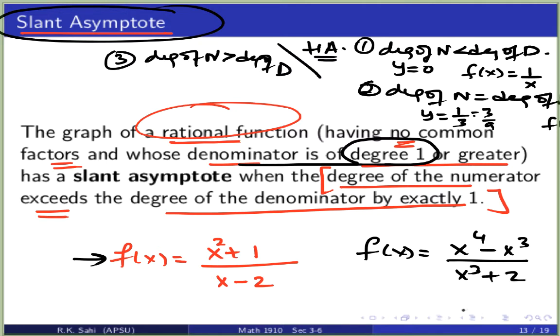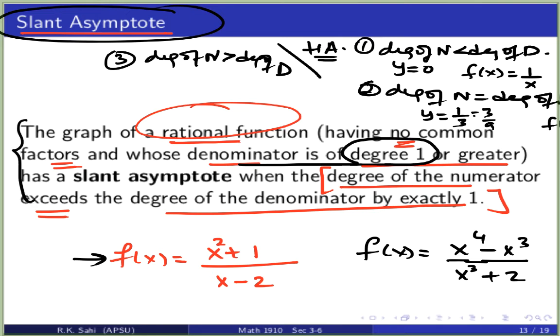Once again, we will have a slant asymptote here, because the degree of the numerator is exactly 1 more than the degree of the denominator, and all these factors are taken into consideration.